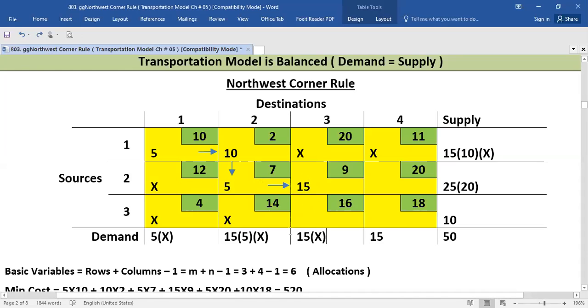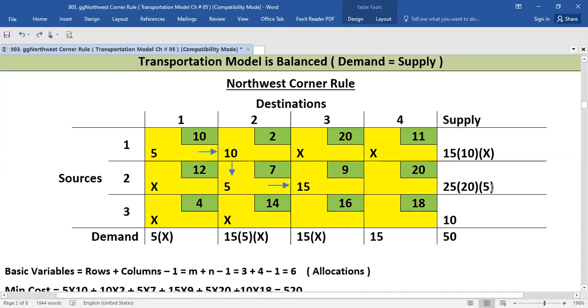It means your demand is complete. You have received 15 demand. Your demand is now complete. You have put cross sign. And on the other side, you see that your supply was 20, which reduces to 5. This is 5. If you subtract this 15 from 20, you are left with 5. This is the basic idea.